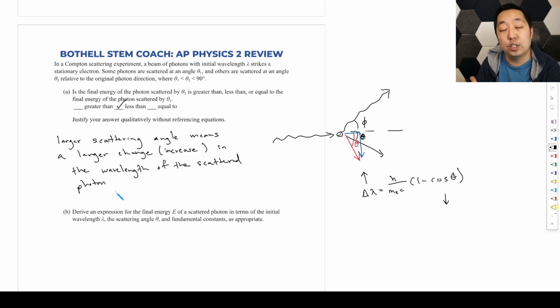So we have a larger change, which means the photon lost more energy.